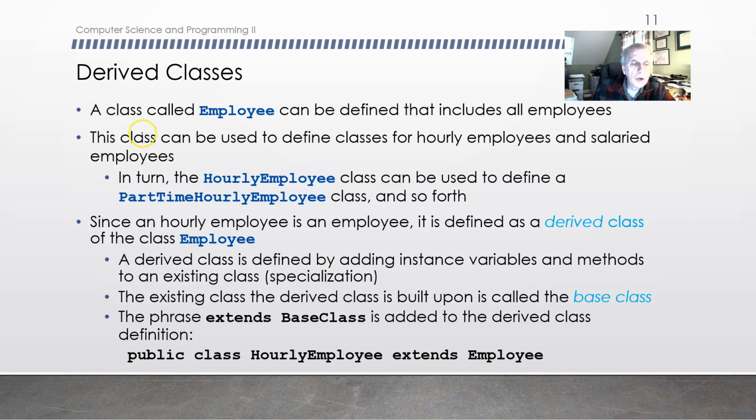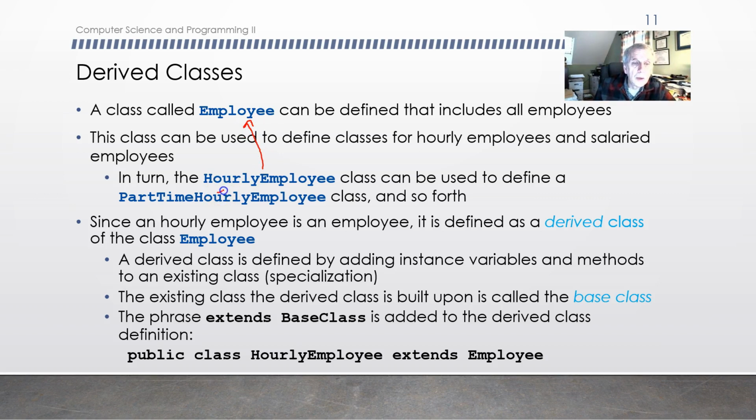So as an example, we talk about these classes of employee, and we say there's our base class. We extend that to define hourly employee. We can go further and say part-time hourly employee, and just keep going. And that's the notion of the hierarchy we were talking about. As we go from employee to hourly employee, the hourly employee inherits everything that an employee has.